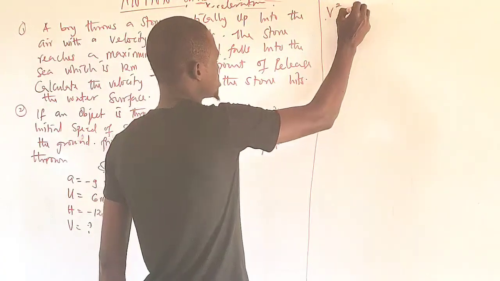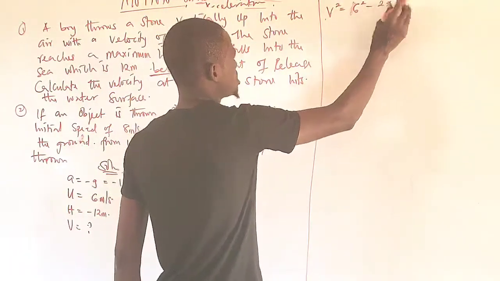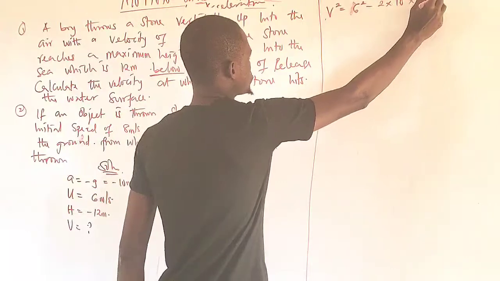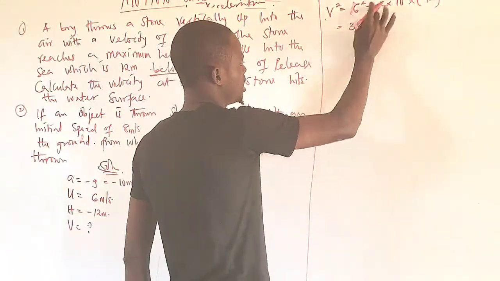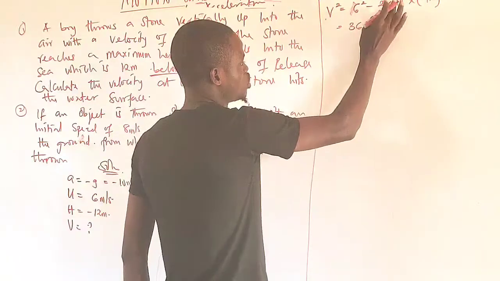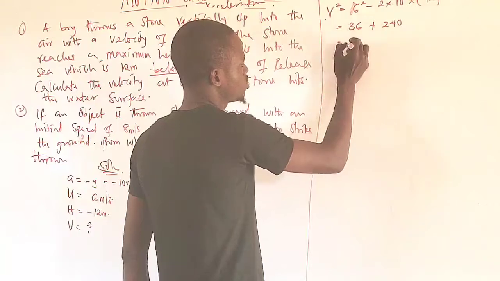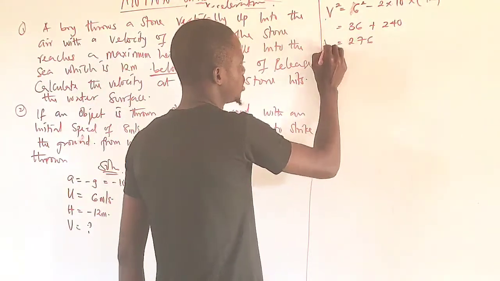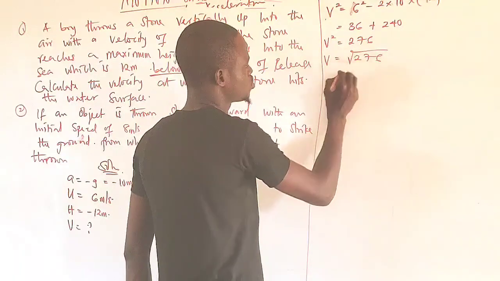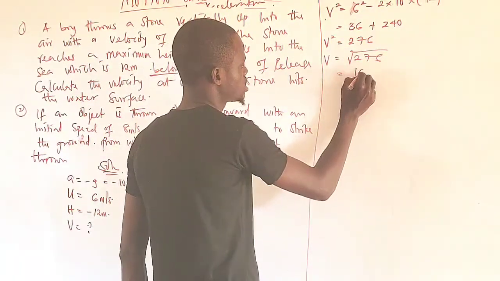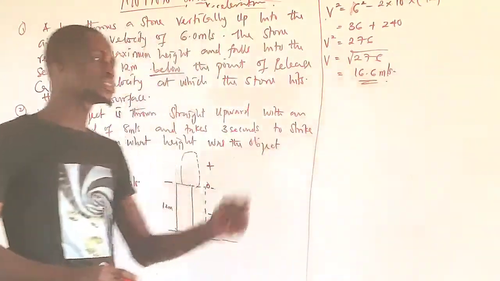My U squared is 6 squared minus 2 times g, which is 10, times my height, which is minus 12, and I'll have 36 minus, minus is plus, 2 times 10 times 12 should give rise to 240, and then adding to 36 will give rise to 276. That's my V squared. My V will equal the square root of 276, which should give rise to 16.6 meters per second. This is the velocity of the body.